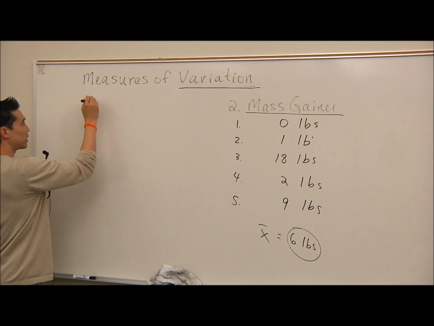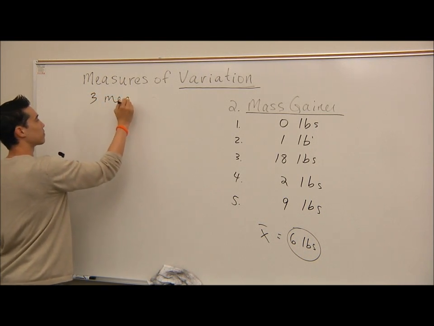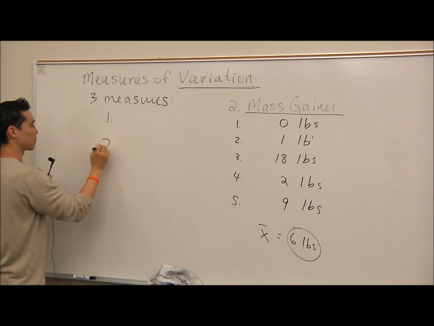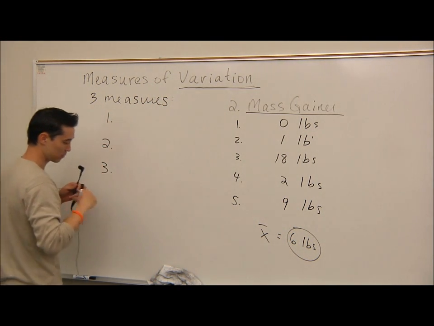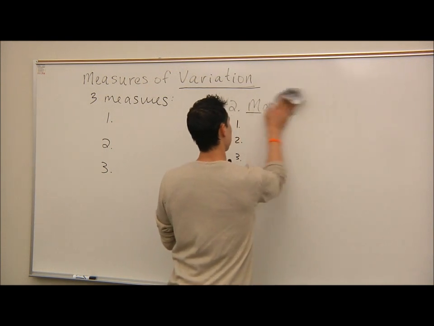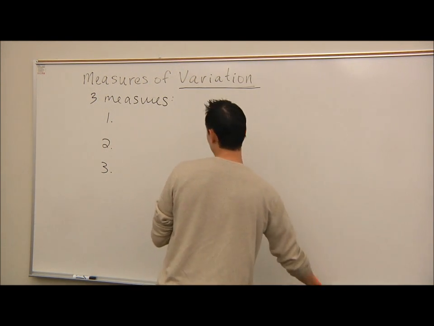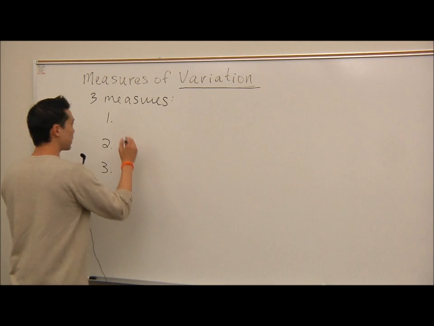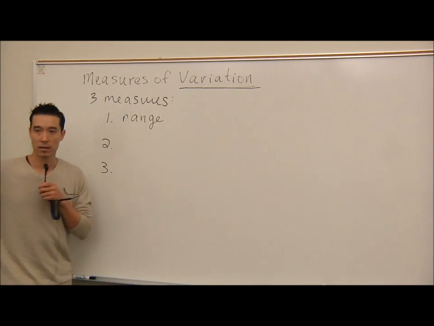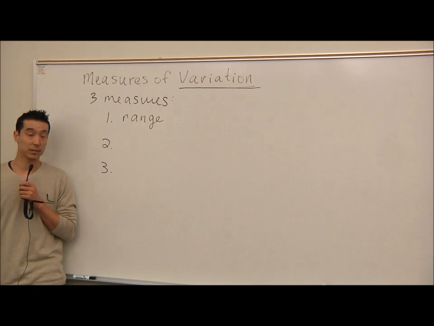Three measures of variation. The first one, range. Remind me how the range works. Highest minus lowest.